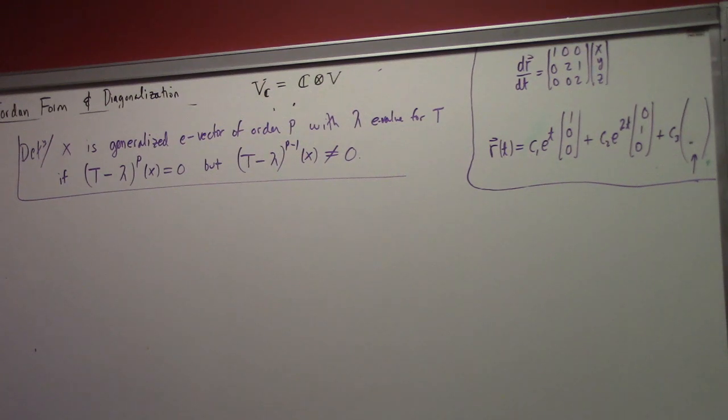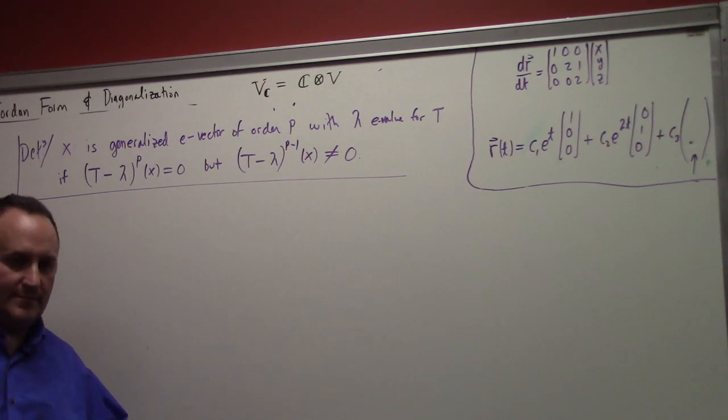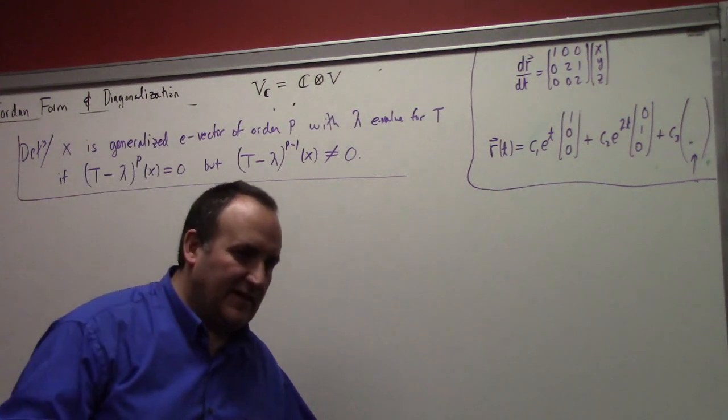So a generalized eigenvector of order 1 is just an eigenvector.